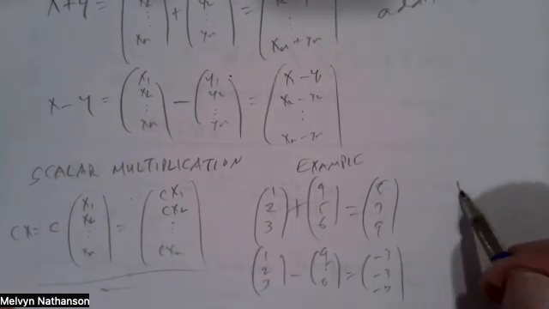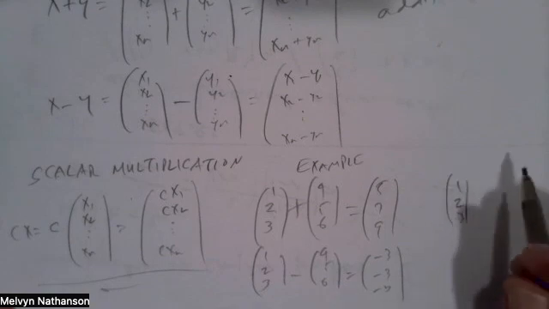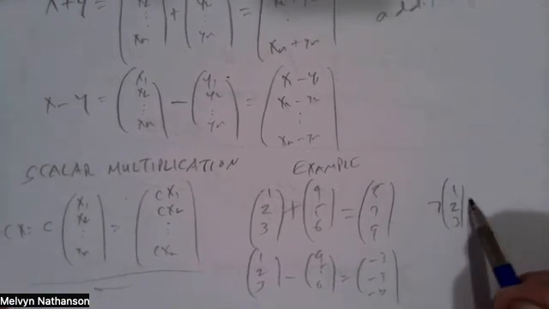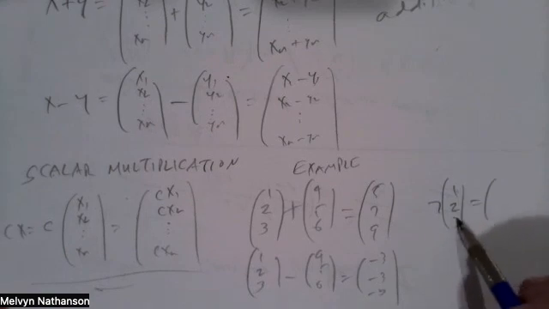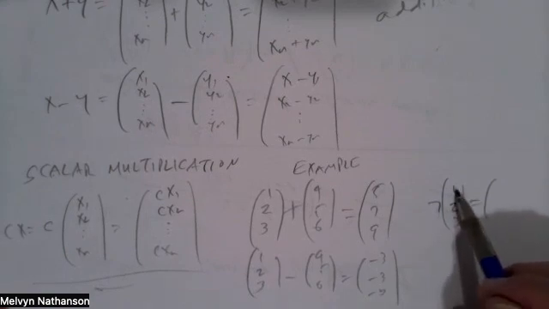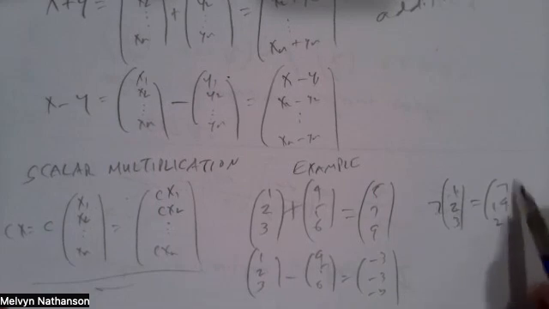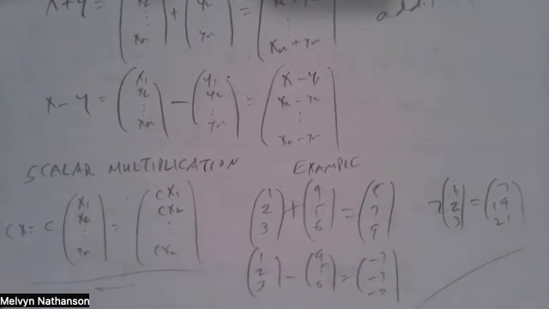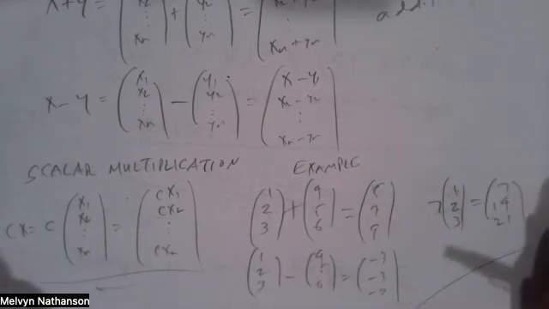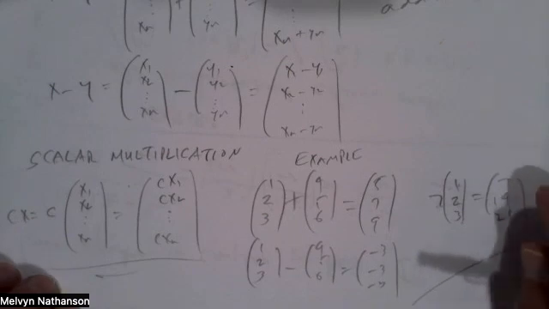And if I take the vector (1, 2, 3) and multiply it by the scalar 7, I multiply each coordinate by 7. 7 times 1 is 7, 7 times 2 is 14, 7 times 3 is 21. Okay. Any questions about this? This is just the elementary arithmetic of vectors.